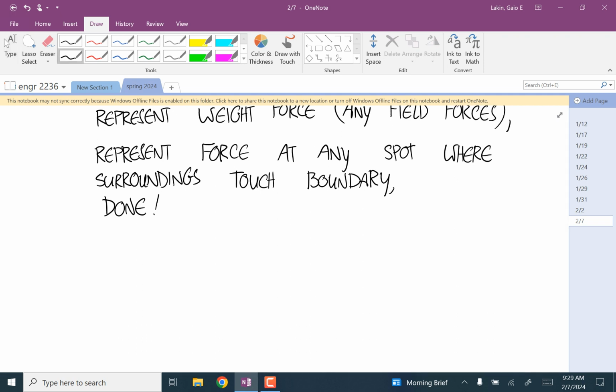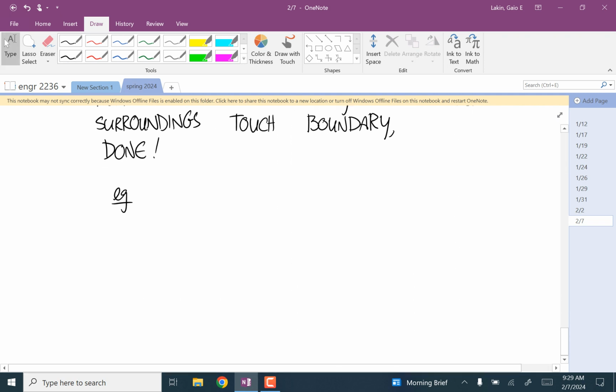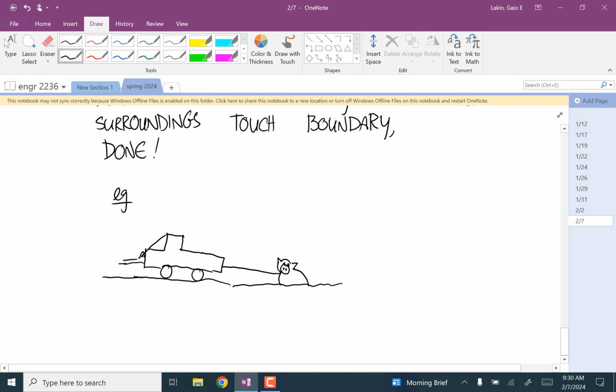Okay, so for example, let's say there's this mud and there's a pig stuck in the mud. And someone's trying to pull the pig out of the mud with a truck. And there's a dispute about the pig's ownership. So there's somebody here trying to keep the truck from getting the pig.